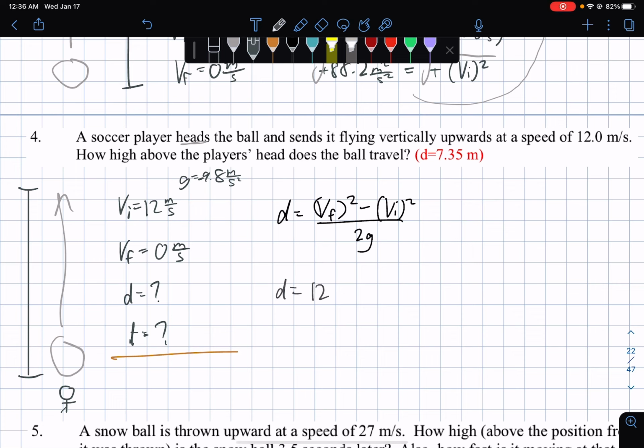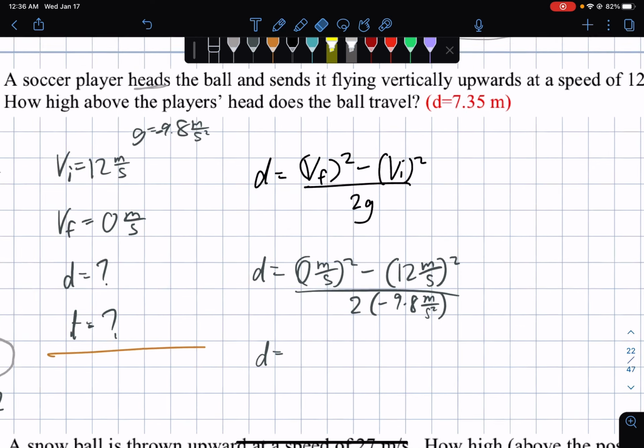So Vf is 0 meters per second, minus Vi, which is 12 meters per second, squared. 2 times G is negative 9.8. Okay, so the negatives will cancel. So that's 19.6.